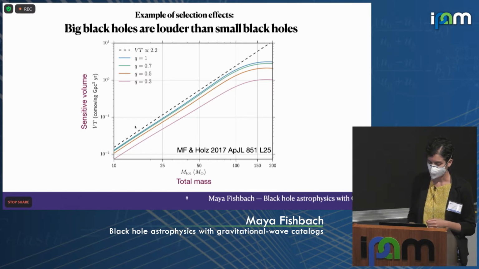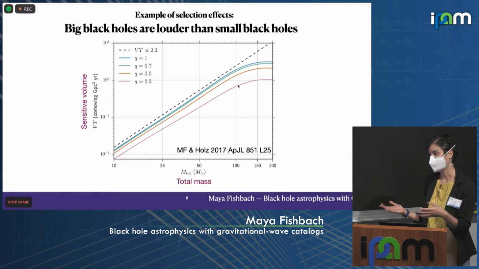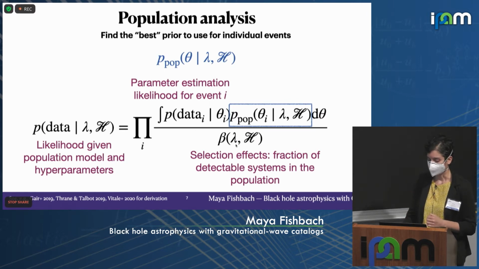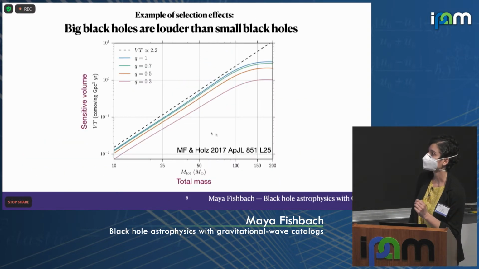So that's all this is. But this means that if we had a population where the maximum black hole mass was 100, then the overall sensitive volume to that population would be larger. And here we would downweight that population, right? So this serves to penalize populations that have these larger sensitive space-time volumes, or VT.